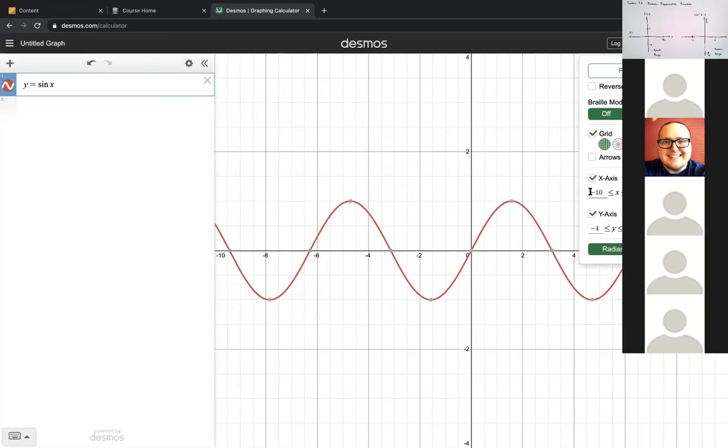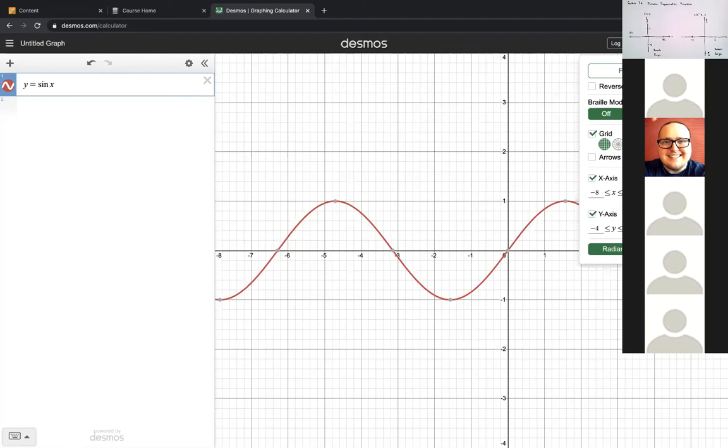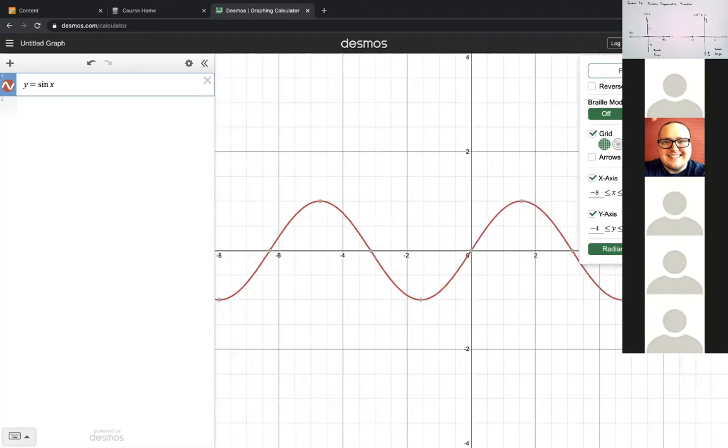Okay, so we don't need to include quite so much on the x-axis either. Maybe just -8 up to 8. Okay, so here is a sine function that we all know and love, or maybe hate, depending on your feelings.